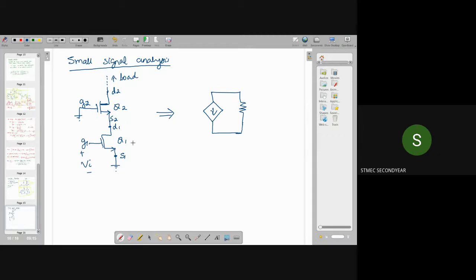So we are drawing an output equivalent circuit for this cascode configuration. There is a voltage controlled current source, which we can name as GM into Vi, and a parallel resistor R0. Now we are going to find the values of GM and R0 for this cascode configuration. This is our drain 2, which is connected to the load.